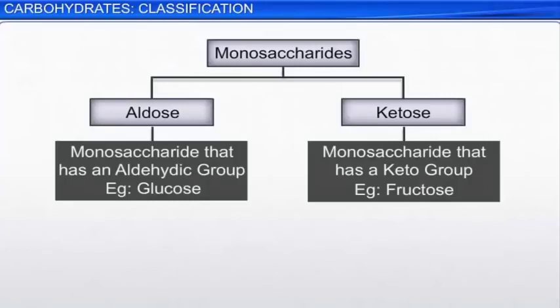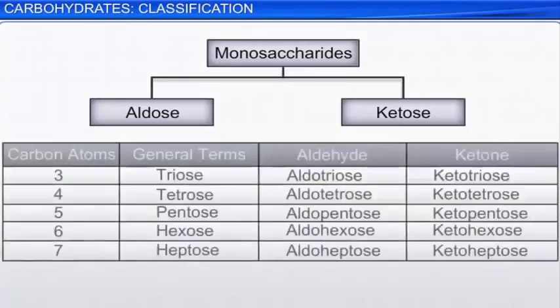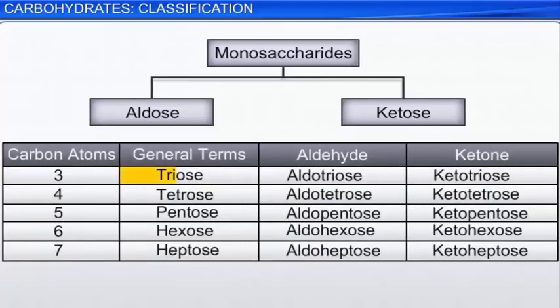Aldoses and ketoses can be further classified on the basis of the number of carbon atoms present, as shown here. The prefixes tri, tetra, etc., with the ending -ose indicate the number of carbon atoms present.